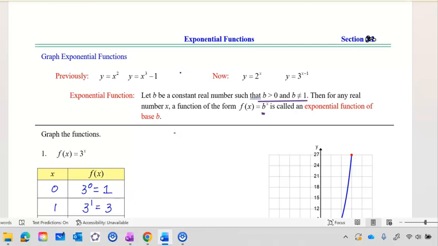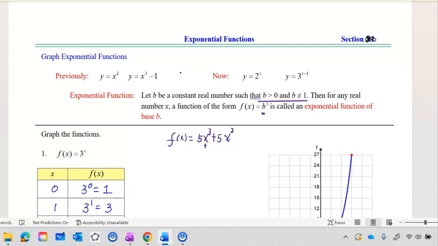recall, right? Before, our polynomial function is always something like this. The polynomial function, my base is the variable. The power exponent is the real number.